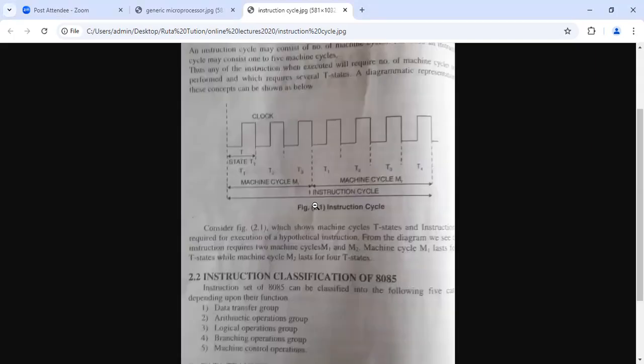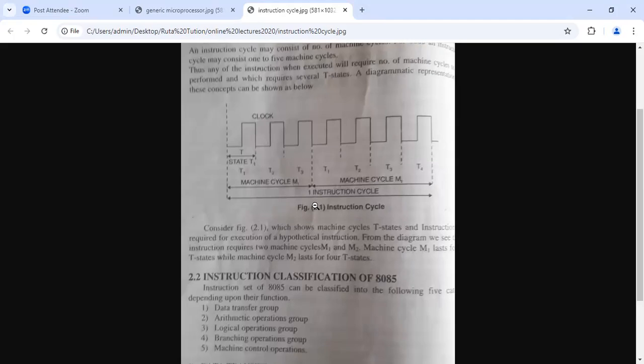So T state is nothing but the sub operation of the instruction which is done in one clock cycle. Then machine cycle, the part of the operation. See, instructions are divided into sub operations, right? So the time required for completion of the sub operation is called the machine cycle. For example, memory read, memory write, opcode fetch.